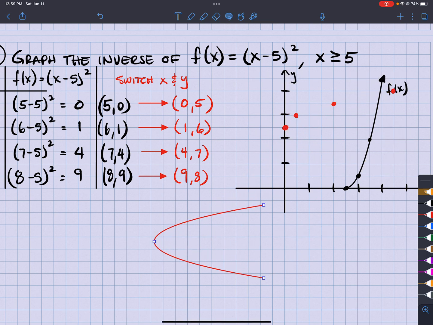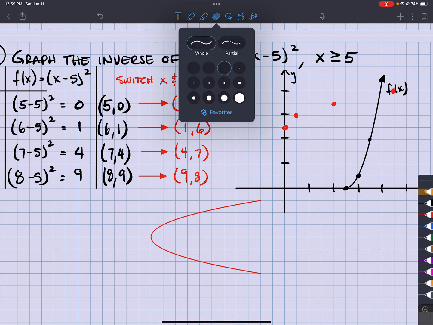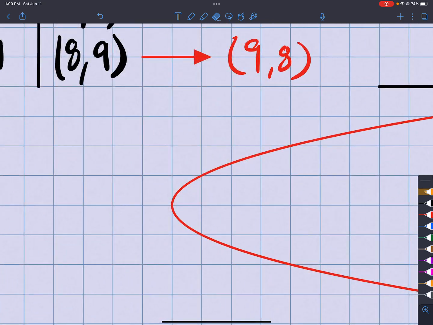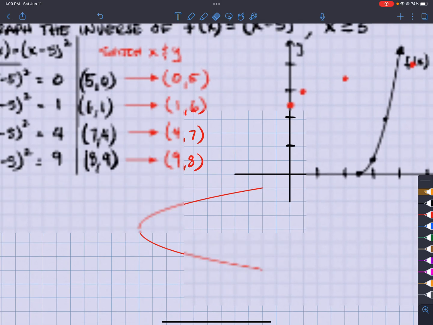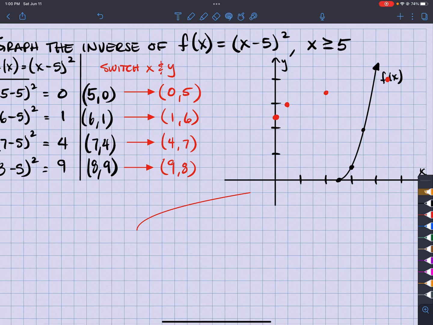So let me take this out. Okay, put this back in, like so. Maybe I shouldn't have put that f of x right there, huh? Maybe I should have put it right here.